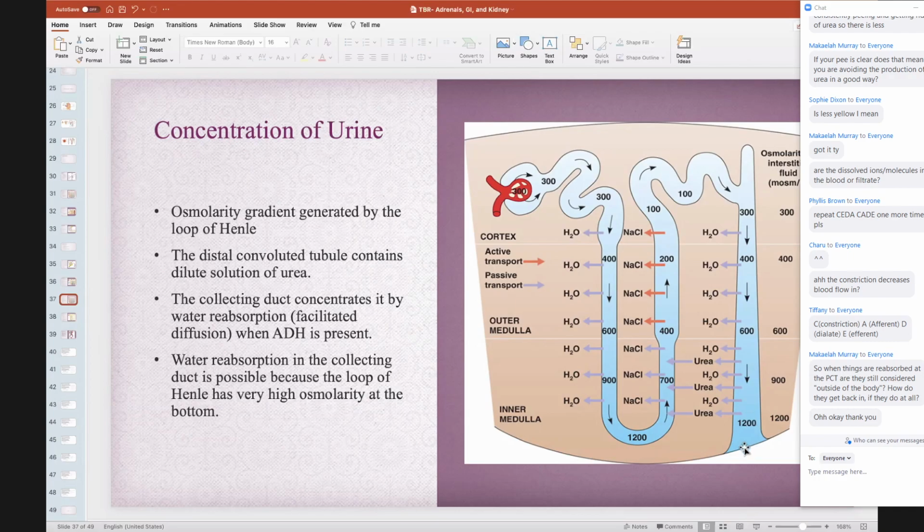The filtrate becomes very concentrated because in the collecting duct, we try to match this osmolarity gradient. How exactly do we create that gradient? It's the countercurrent multiplier mechanism, which I'll talk about next slide.